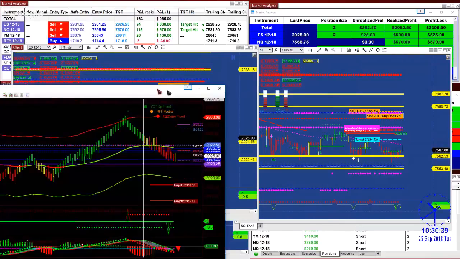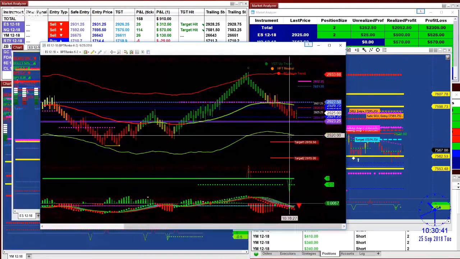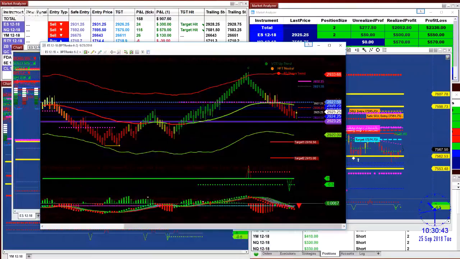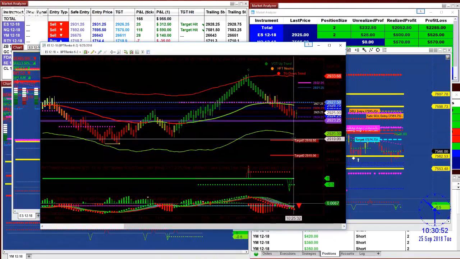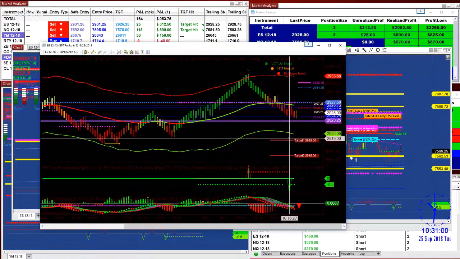So the only time we can reverse this ES for long is if this ES is able to break that area here and drop on the first target. So this is one option. We can take a reversal and carry that ES from the bottom all the way to the top.